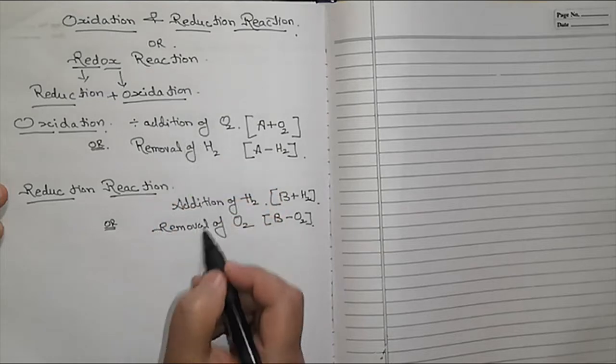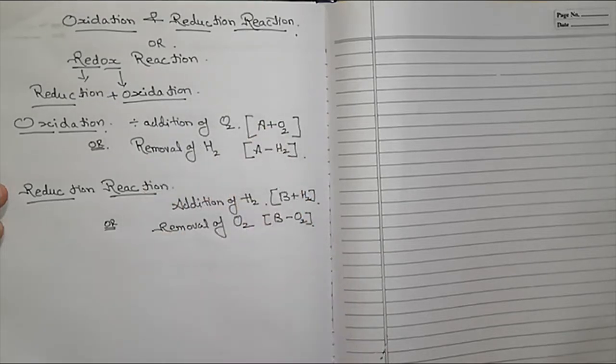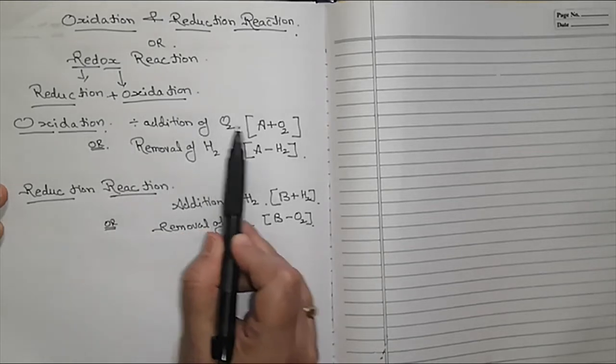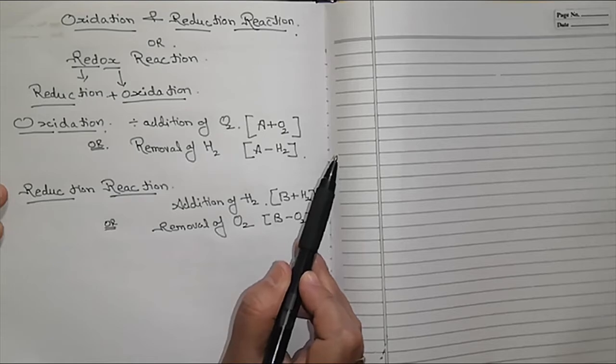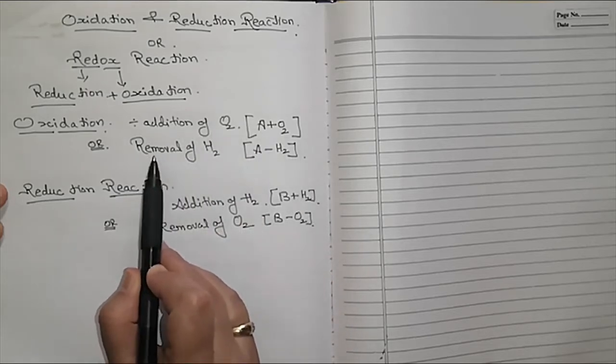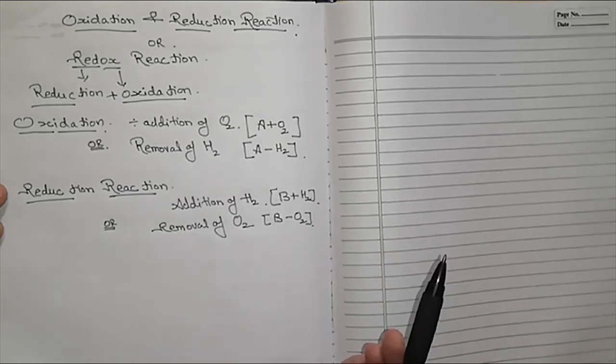So oxidation and reduction reactions are quite opposite to each other. In oxidation reaction, oxygen is added to any element or compound, or it can be the removal of hydrogen, where the hydrogen is removed from any element or compound.